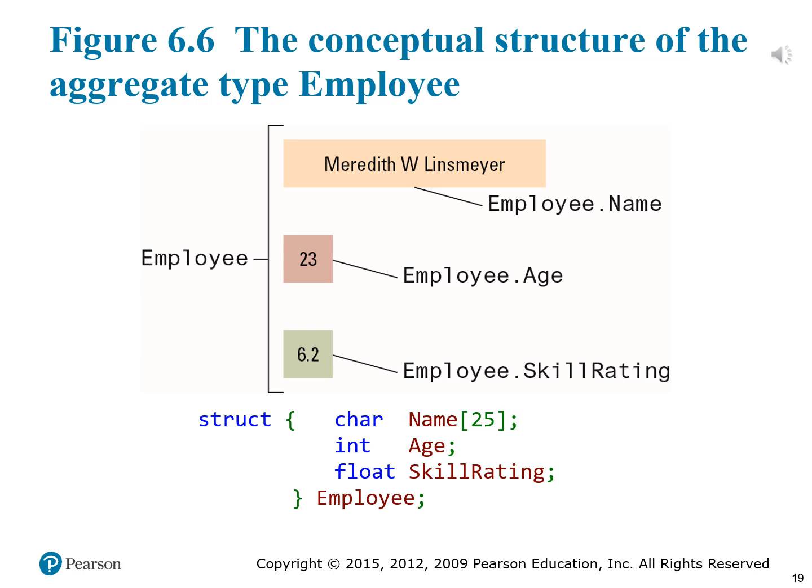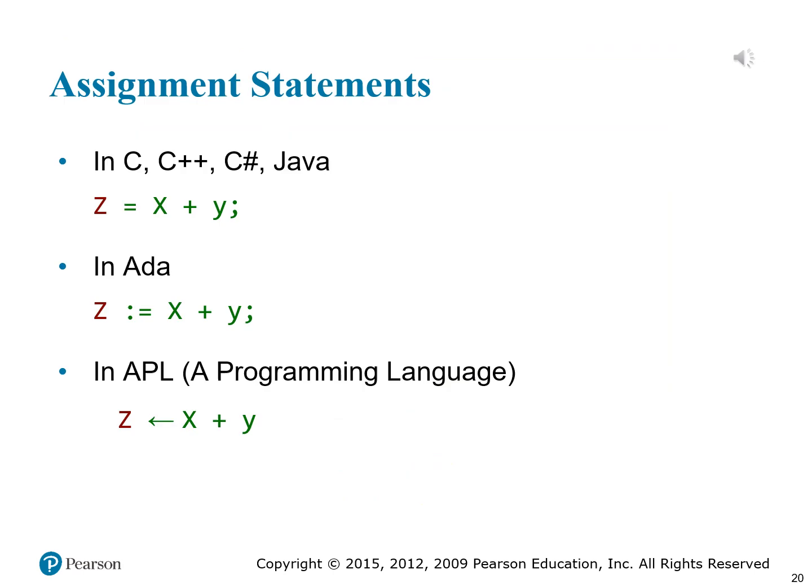Once such an aggregate has been declared, a programmer can use the structure name employee to refer to the entire aggregate, or can reference individual fields within the aggregate by means of the structure name followed by a period and the field name, such as employee.age.